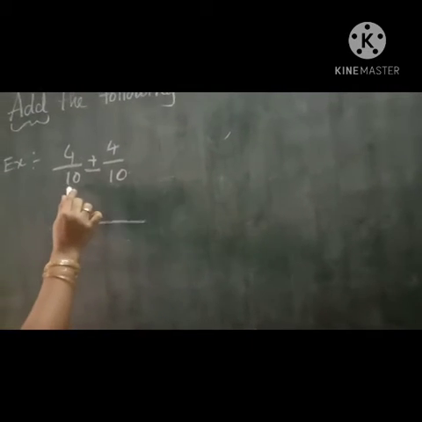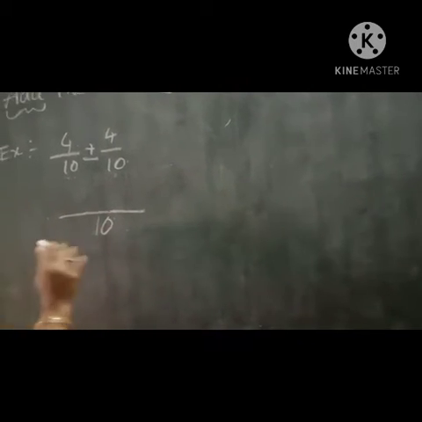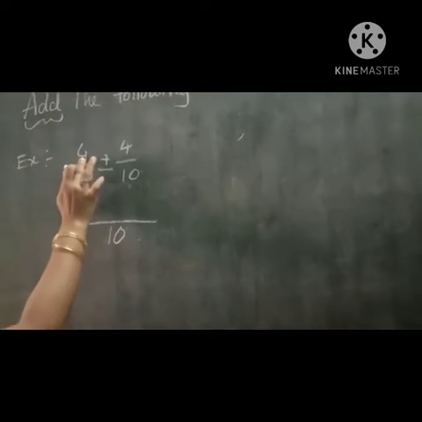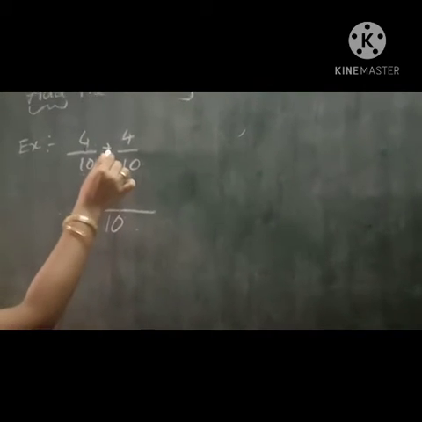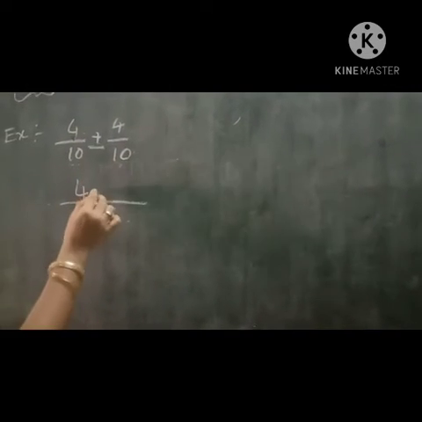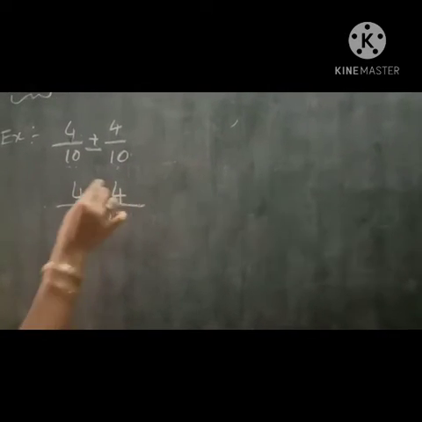So here we have to write only one 10 here. See, like this we have to write. Again, now what are the numerator numbers? Yes, 4. What is the symbol here? Plus. And what is the number here? 4.